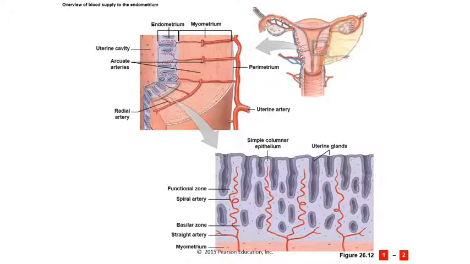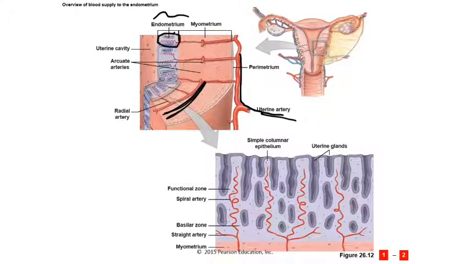So as you can see, there is the uterine artery that's coming in, and then we have the arcuate arteries. They're going to be coming in at this arc, and then these little tiny squiggly guys, now you're in the endometrium. This is what I really want to focus on.